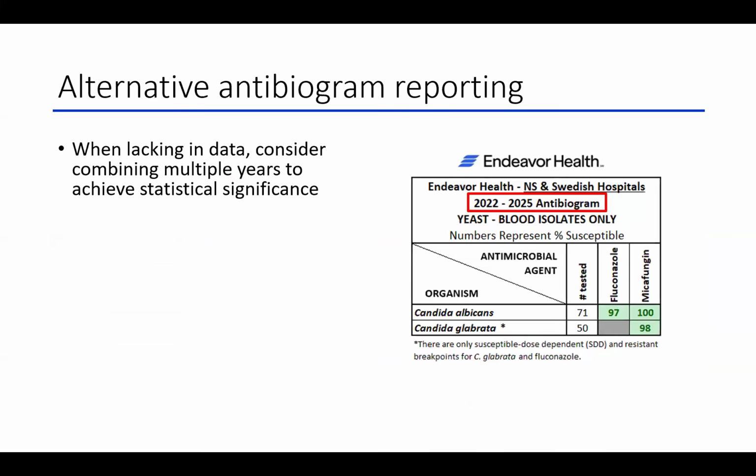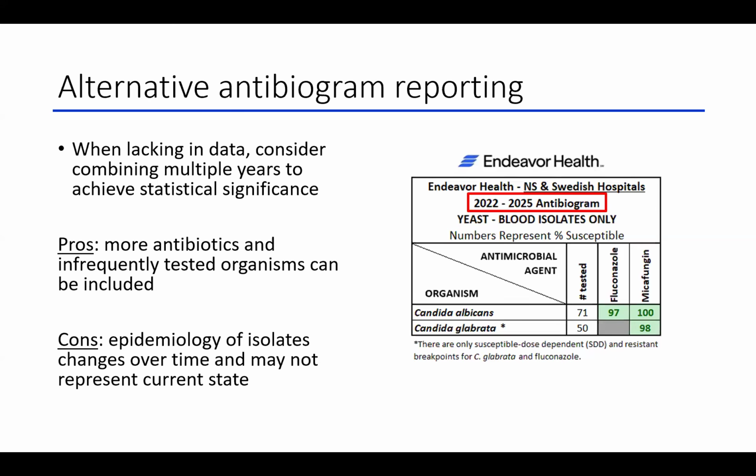Another thing we sometimes do is combine years if we don't have enough data to have 30 isolates tested. The pro is that we can get some data on infrequent organisms that are still very important. The con is that as you stretch over time, it may not represent the current state of those antimicrobials. So just something to keep in mind.